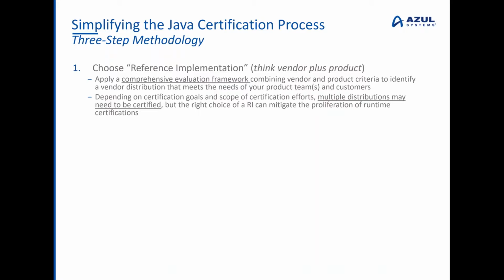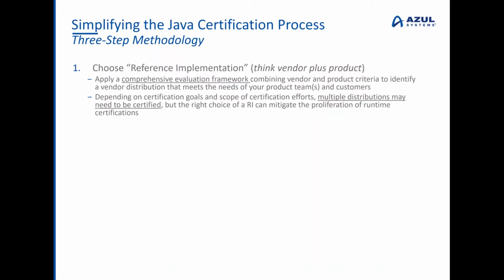The second piece is, depending on the certification goals and scope, multiple distributions may still be needed. And there really is no shortcut when it comes to the certification process. While you may pick a reference implementation for an OpenJDK product, you still might find yourself, because of your need to support Oracle, maybe early versions of Oracle like 6 and 7, those subtle differences require you to continue to test both.